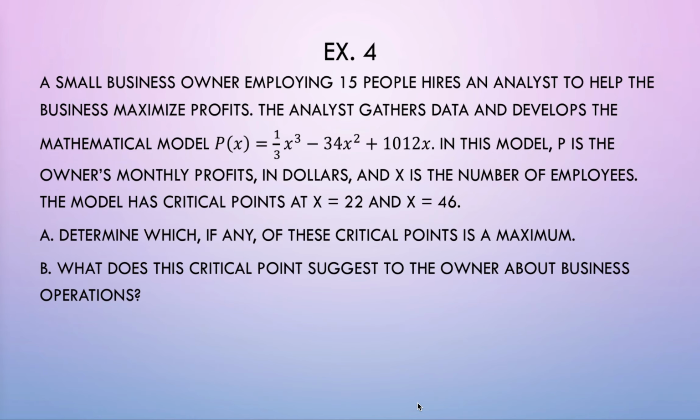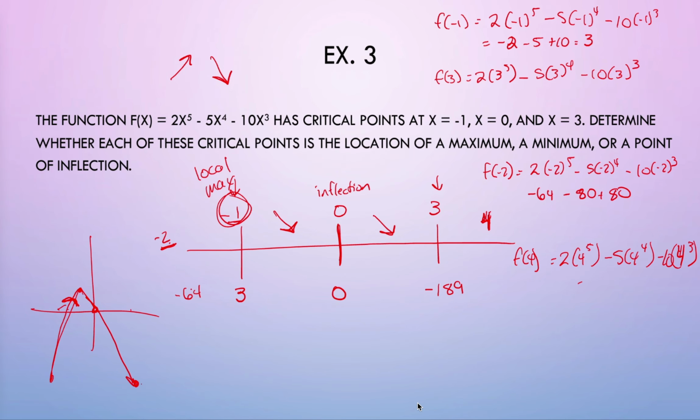Which is 128. So from -189 to +128, the function increases. So this is going to be a local min.